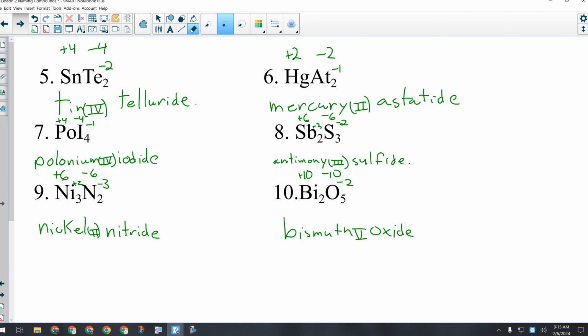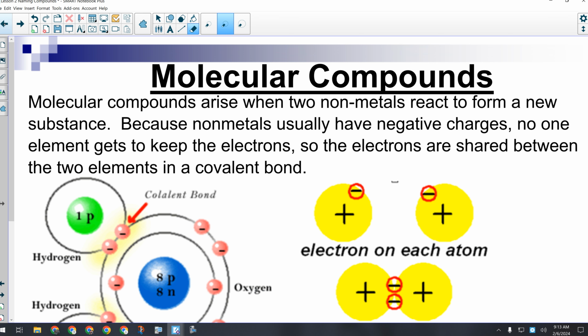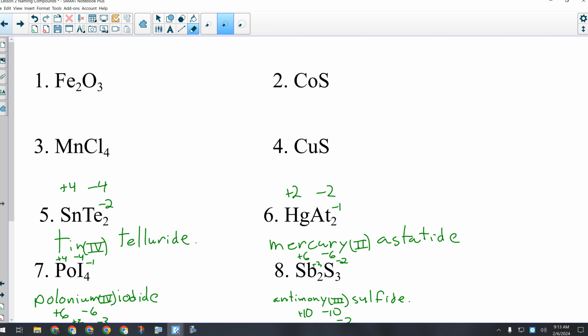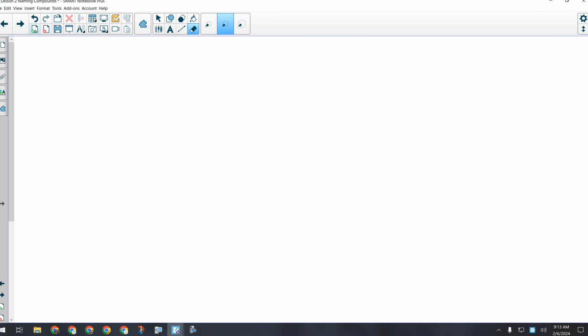All right, so before we get to molecular compounds, let's talk about another thing that could come up. What would you call this? Is it an ionic compound?